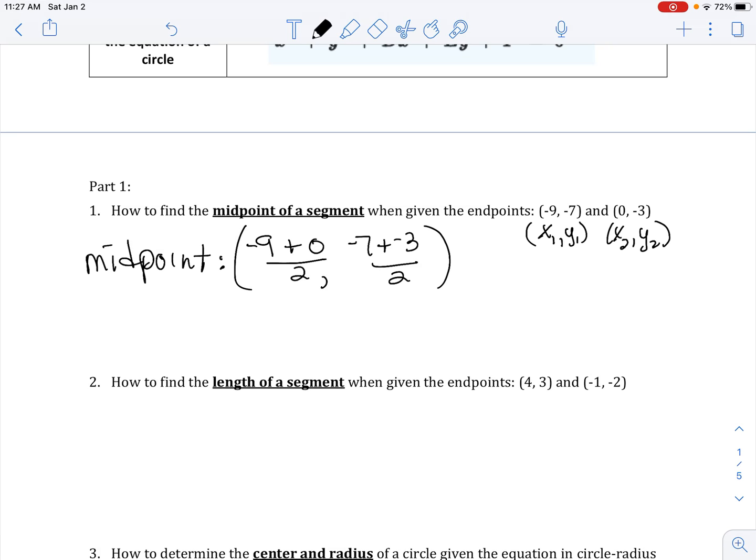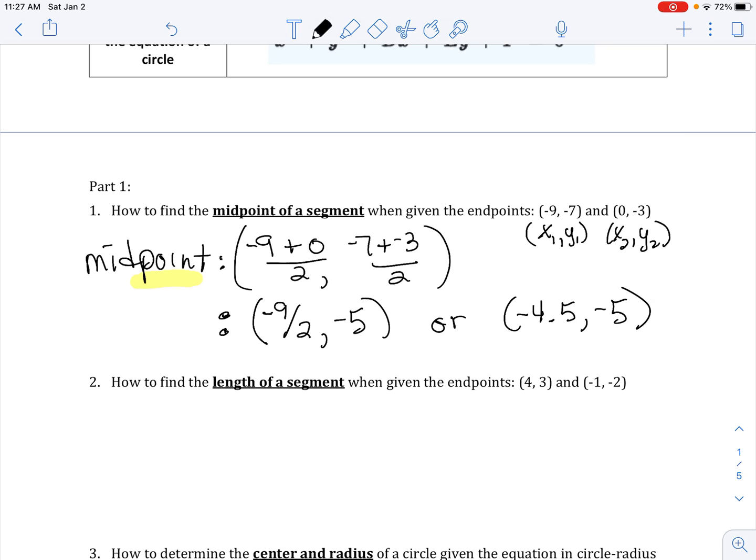The midpoint is exactly what it says. It's a point, and so it will be the ordered pair that represents the middle of that line segment if you were to graph it in the coordinate plane. So that's going to be -9 over 2. You can leave it like that. That's going to be -10 over 2, which is -5. So you can either write it like that, or you can write it -4.5, -5. And that is the midpoint.